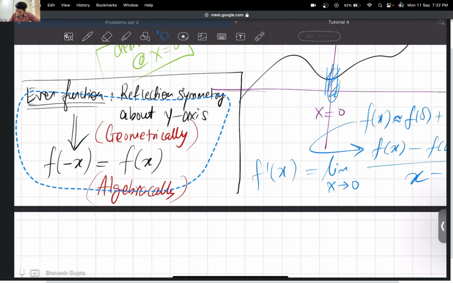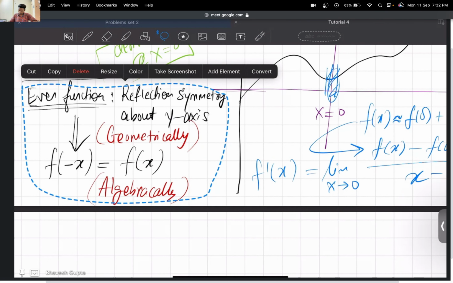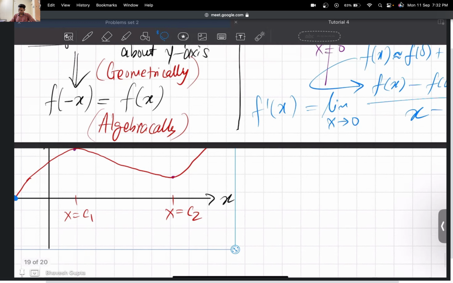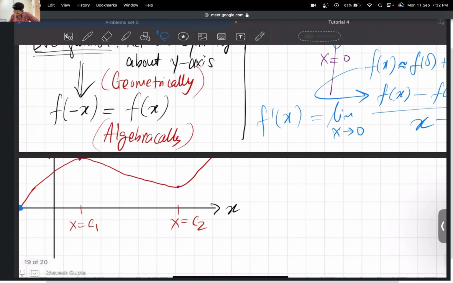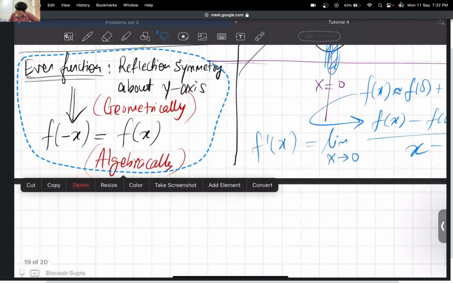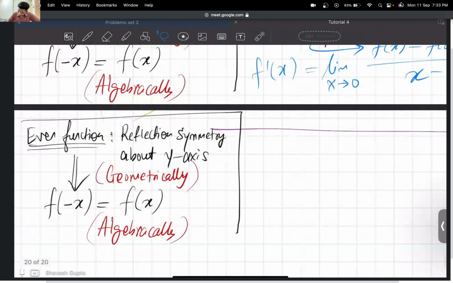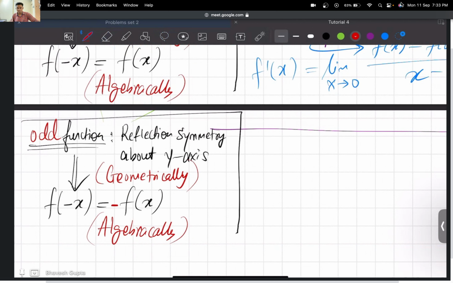I'll just copy paste here. You have this important minus sign outside, so the negative counterpart is equal and opposite to the positive counterpart.